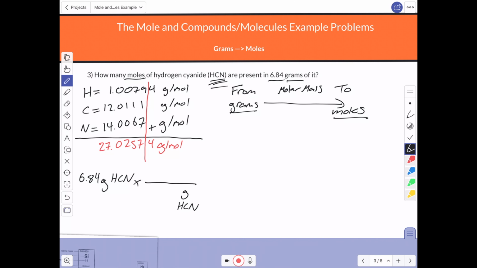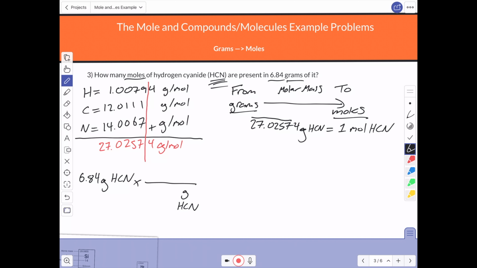I should probably write my conversion factor over here just to make sure I'm doing this right. It's good to have your strategy done the same way every time. So we know that this number, to that many significant figures, grams of HCN, equals 1 mole of HCN.